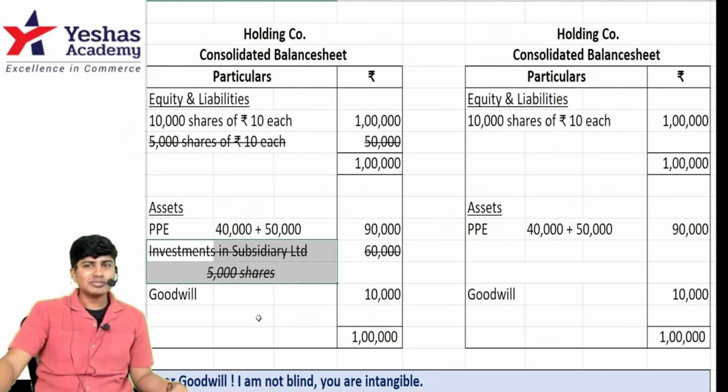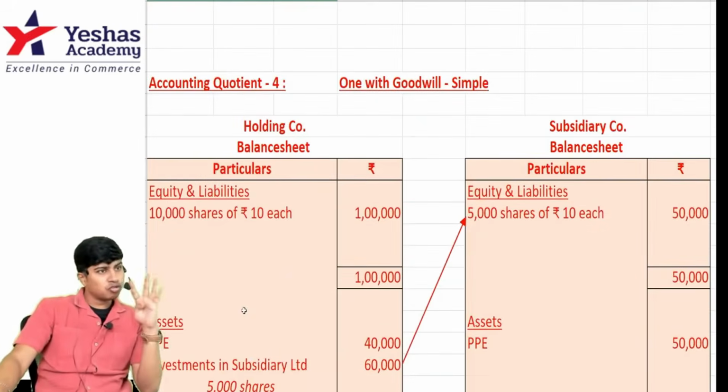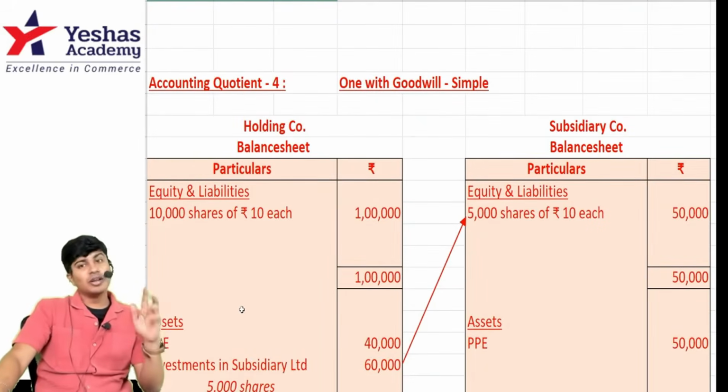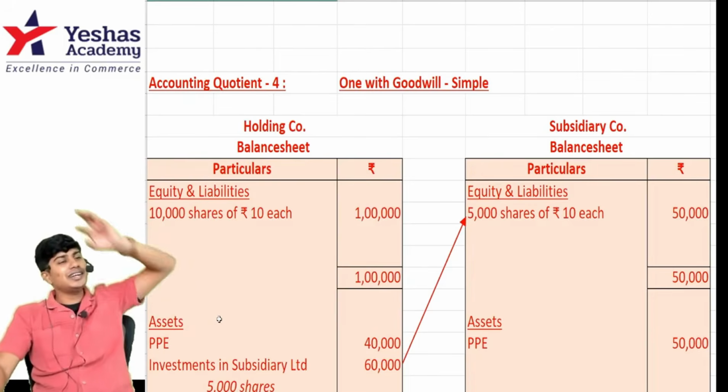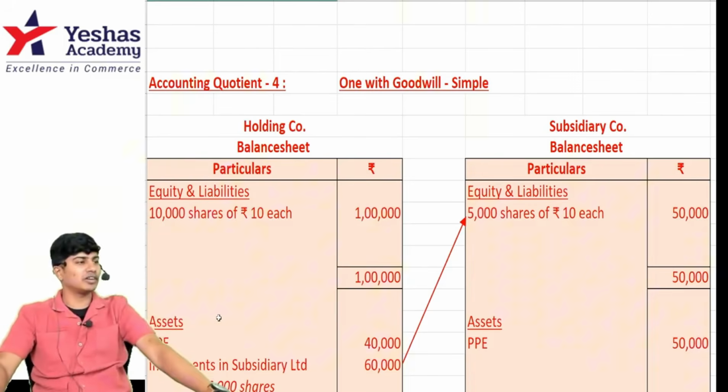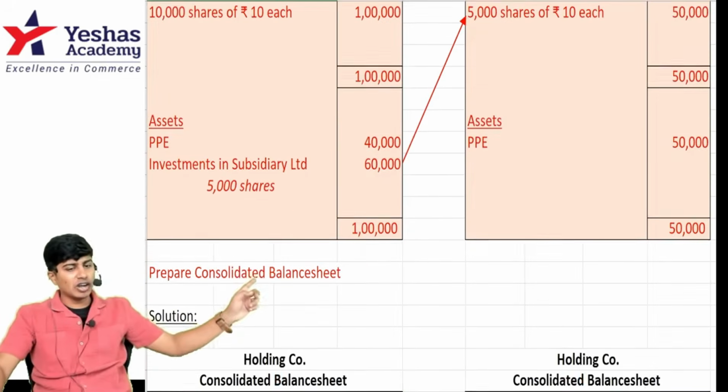Just that cost of control table, they'll ask for 4 marks. Now, I made you do 4 AQs and then taught you cost of control. But I did not like this chapter when I learned because all the materials that I read straight away start with step number 1, cost of control. I did not understand why they do cost of control. Now do you understand logically?